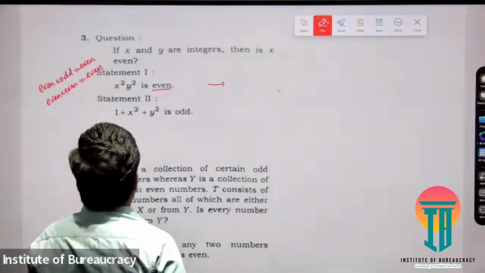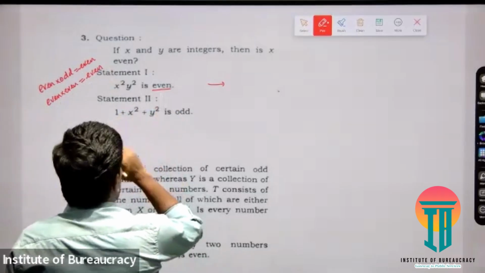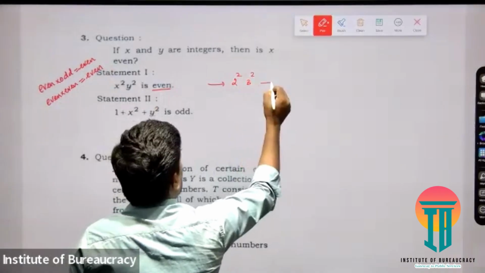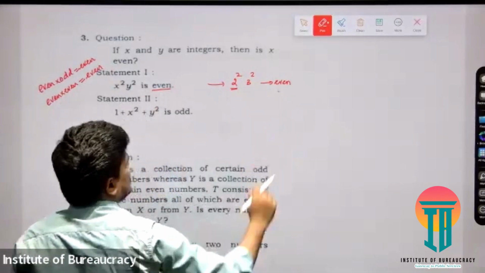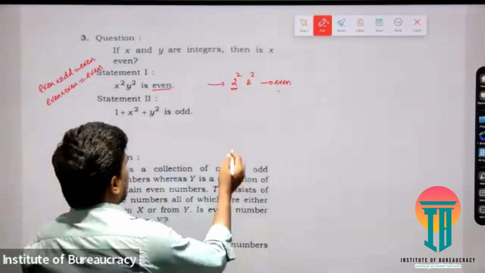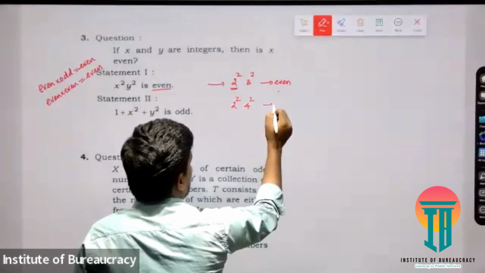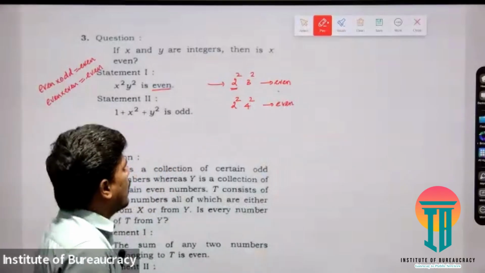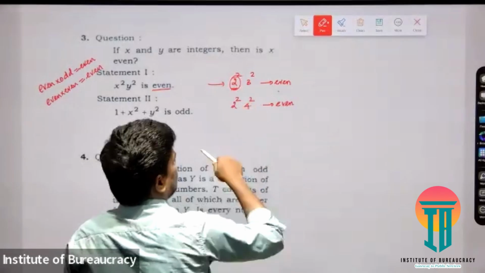So x square y square being even: if it is 2 square, 3 square, it will be even because one of the numbers is even. Or both can be like 2 square, 4 square, which is also even. Not only this, in this case your x is even.